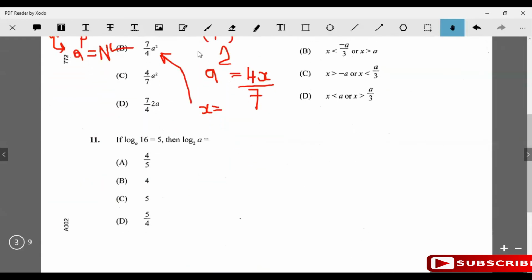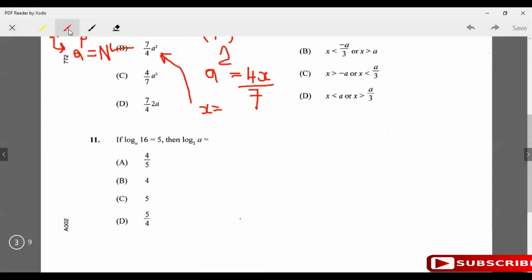Question 11. Question 11 is another new question. This is the 4th new question. It says if log base a of 16 is equal to 5, then what is log to base 2 of a? This may appear tricky, but it's very easy.